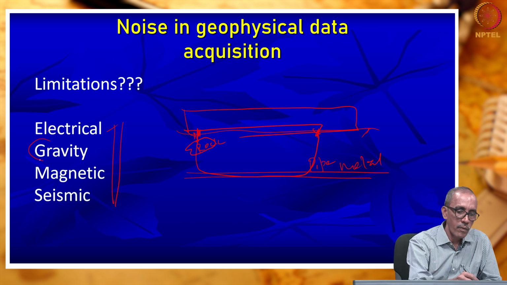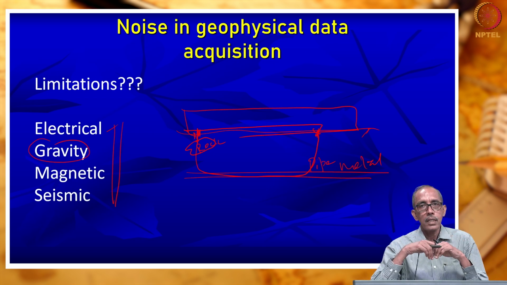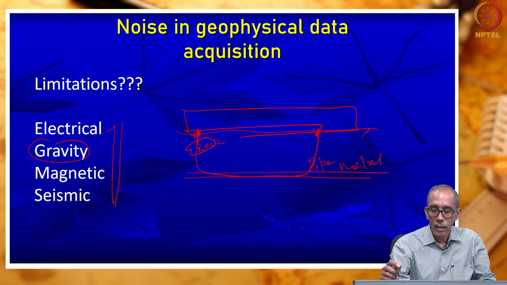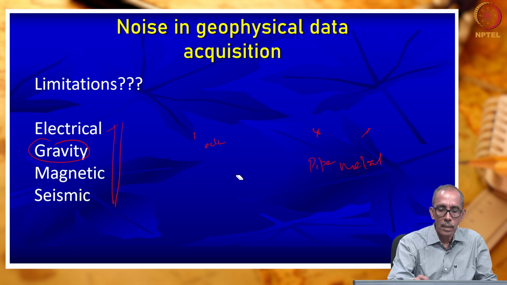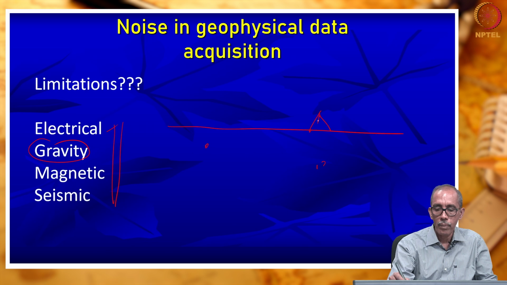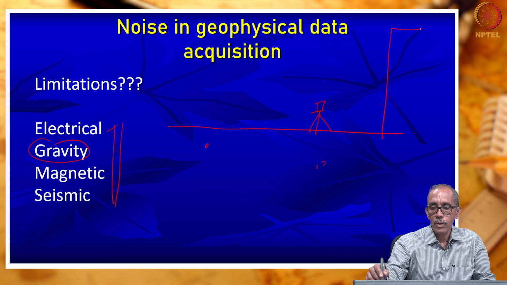In gravity survey, adjacent to the location of your measurement, there may be a high-rise building. Yeah, a big building may be present, right, adjacent to the site of your investigation. This is the location where you are making the measurement of gravity. There may be a huge building.